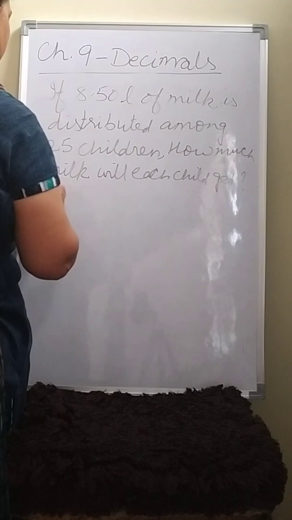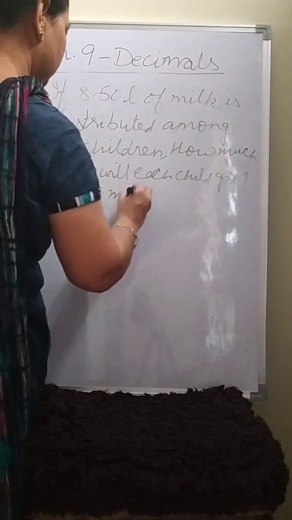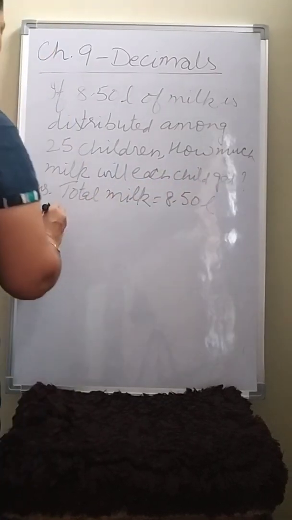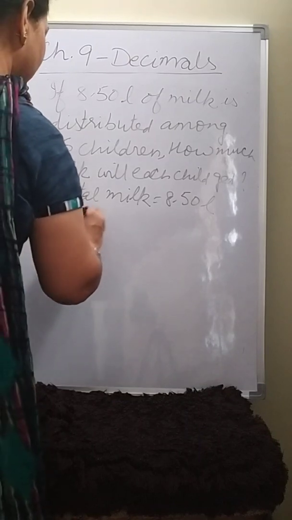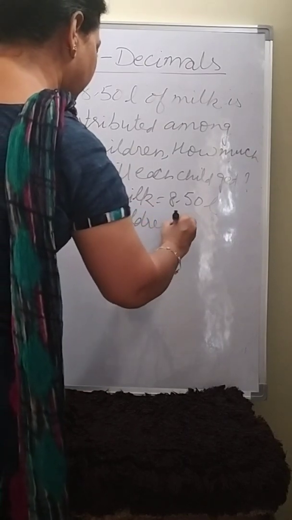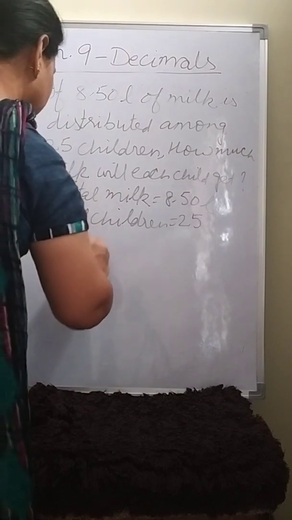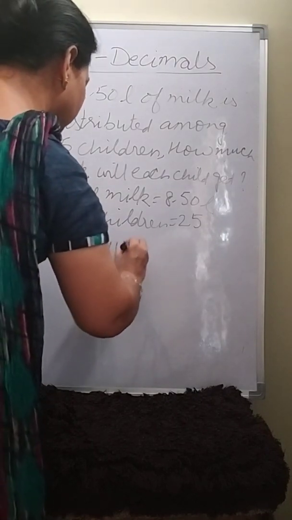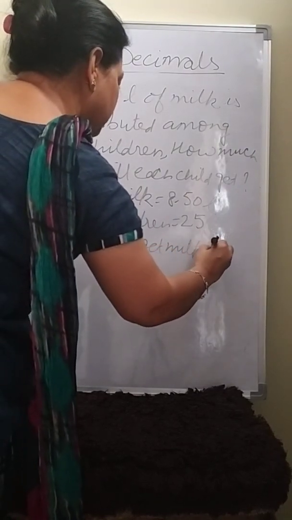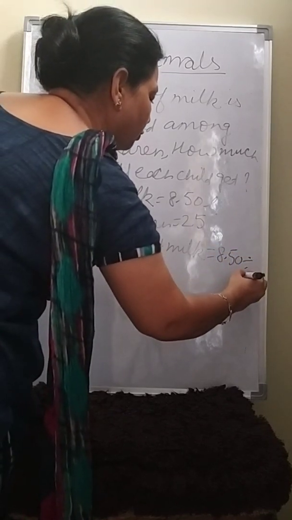So the answer: the total milk you have is 8.50 liters. In how many children is it to be distributed? The number of children is 25. So each child will get milk. This is 8.50 divided by 25.